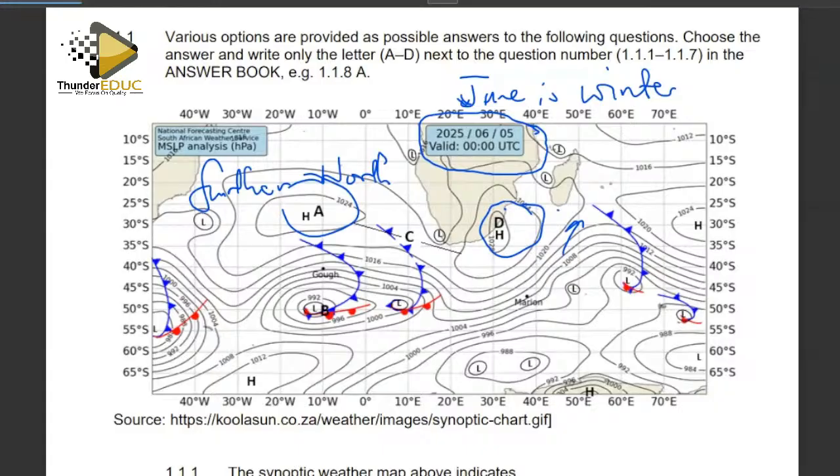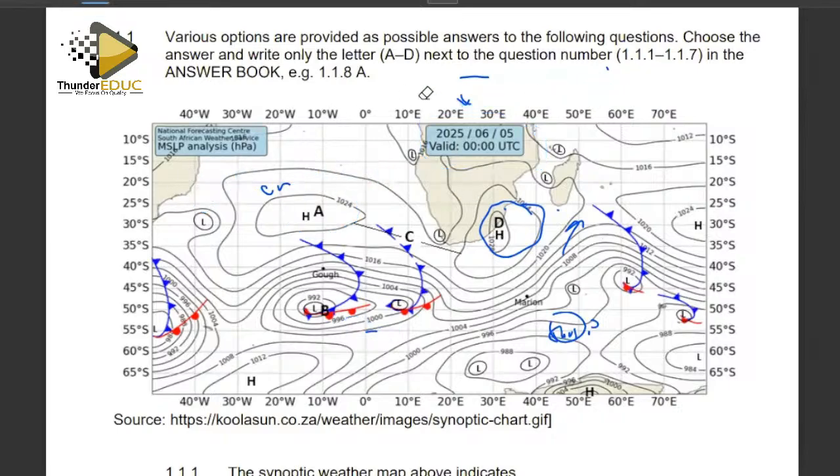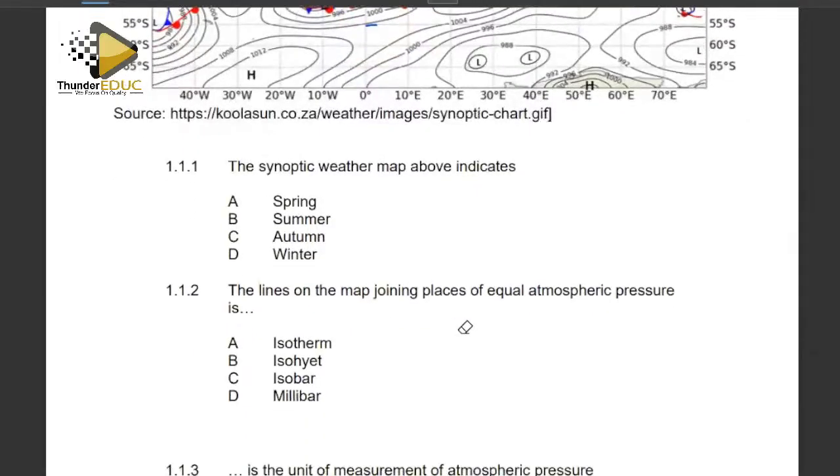But when it's summer, they are further to the south, somewhere here. So we have our South Atlantic high pressure here and our South Indian during summer season. But when it's winter, they are further to the north. Right, so that is winter for our first question. This is a winter map.